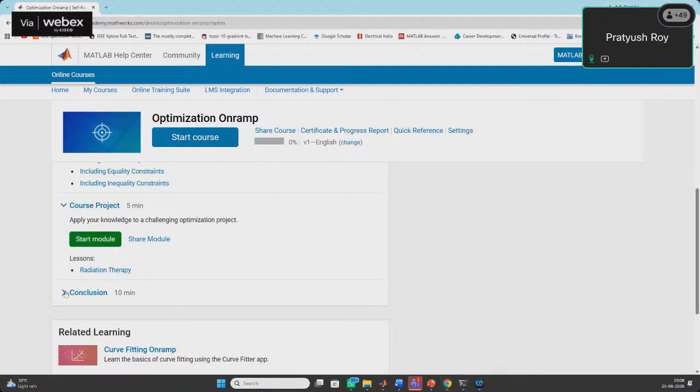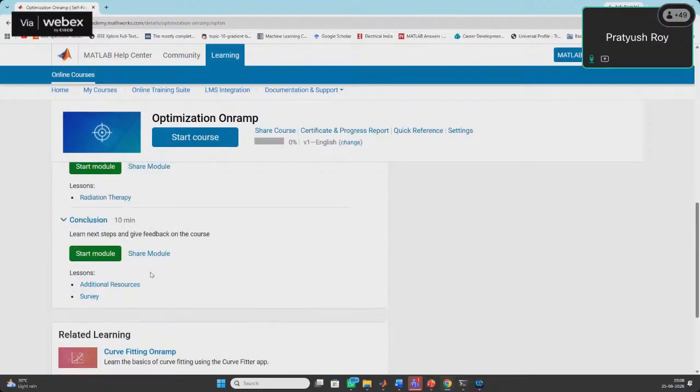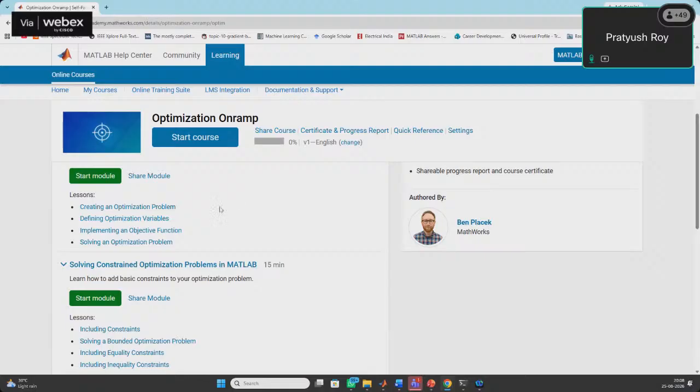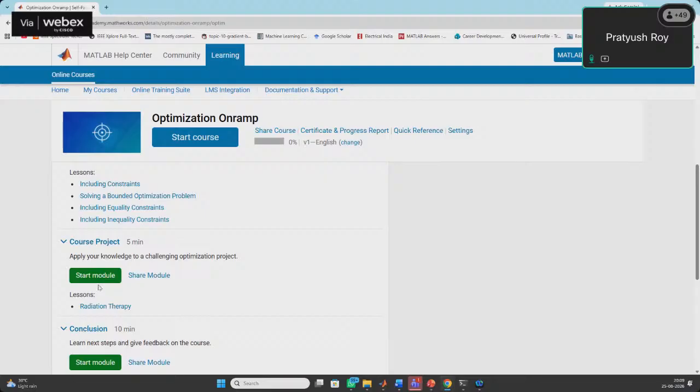And finally, it will conclude with some additional material for you to explore. So this contains practice sessions as well as illustrative videos. So it's not monotonous at all. It's very interactive, and you can just solve different tasks to sort of proceed from module 1 to module 4.